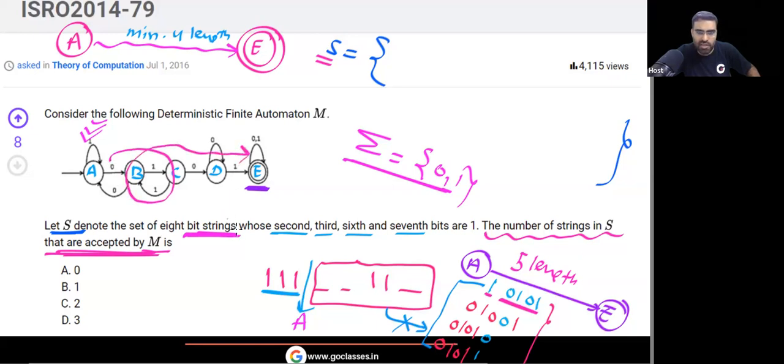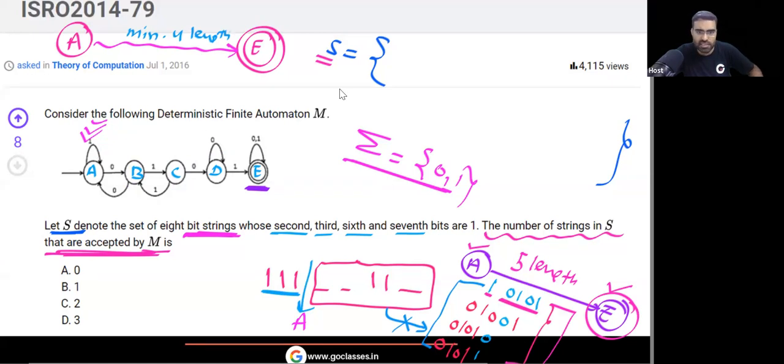It is not going to be a 5 length string. So only these are the 5 length strings possible which can take you from A to E.